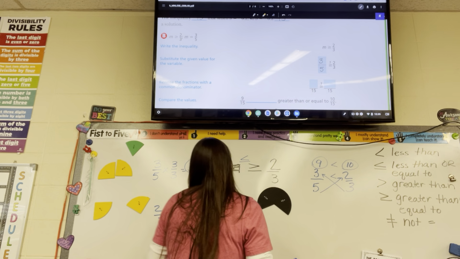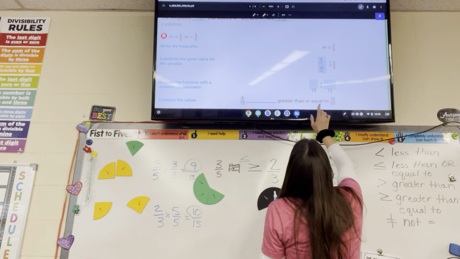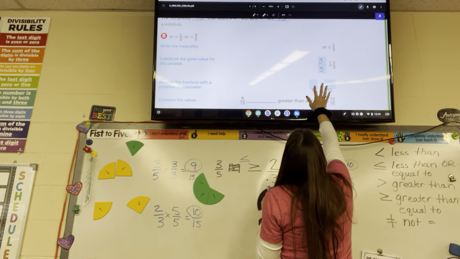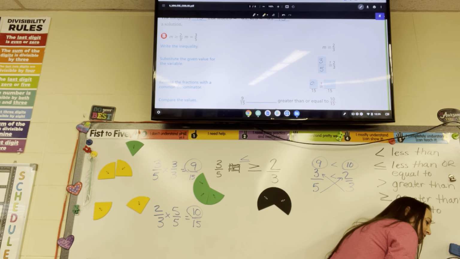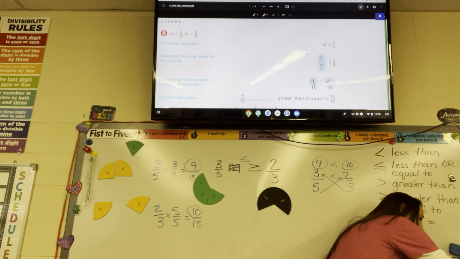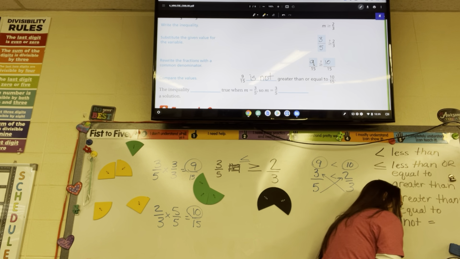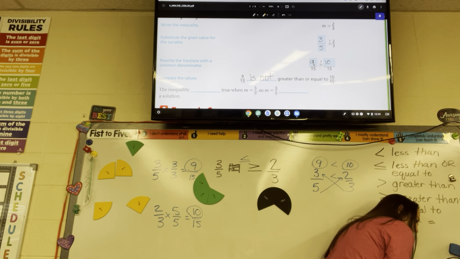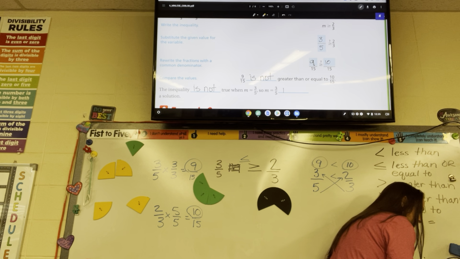So now we're comparing 9/15 to 10/15, since we found the common denominator. 9/15 is not greater than 10/15. The inequality is not true when m equals 3/5. So m equals 3/5 is not a solution.